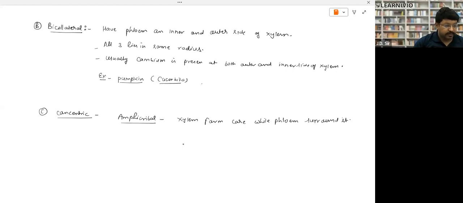Next one is amphivasal. In amphivasal, phloem lies in the center and xylem surrounds it.